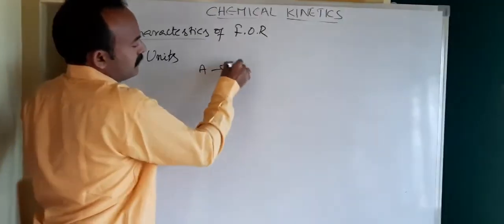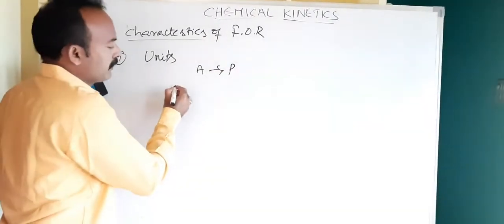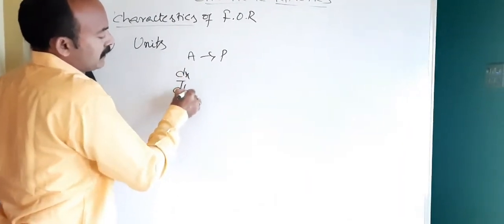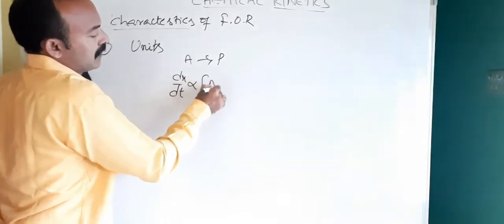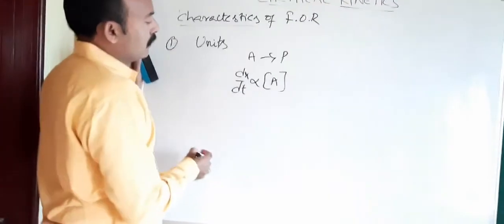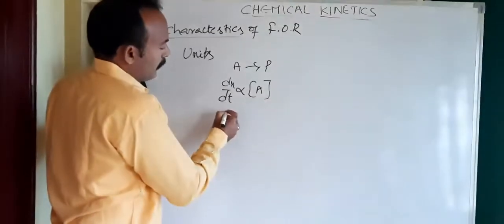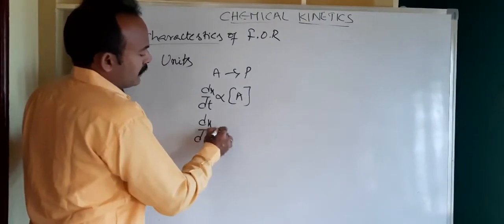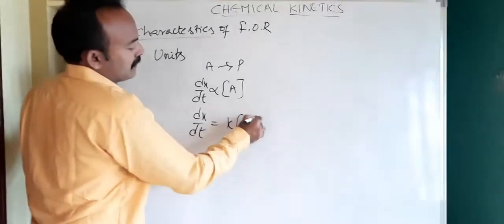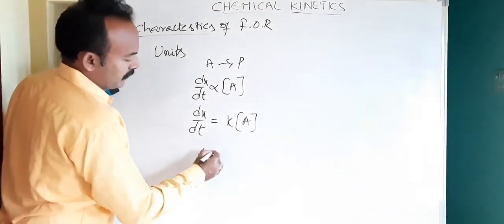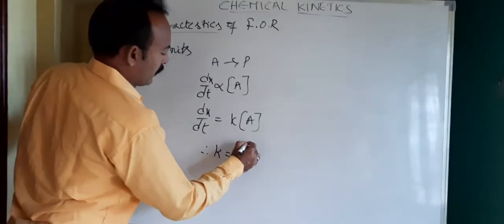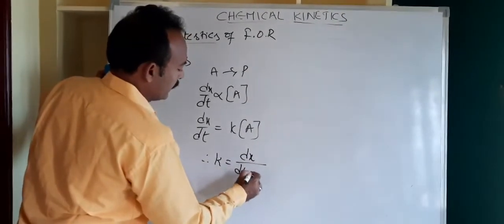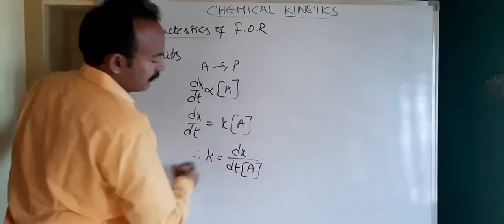A gives products, this is a first order reaction. Rate of reaction dx by dt is proportional to concentration of A. So dx by dt is equal to k into concentration of A. Therefore, k is equal to dx by dt into concentration of A.